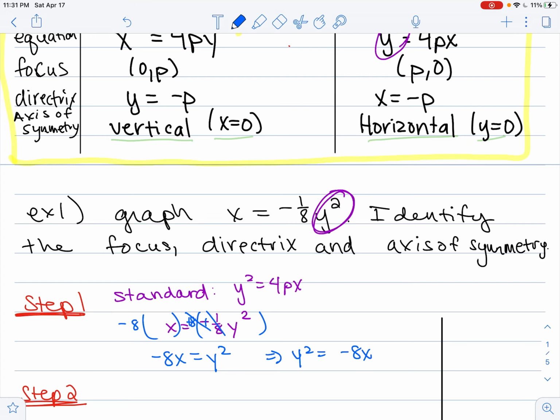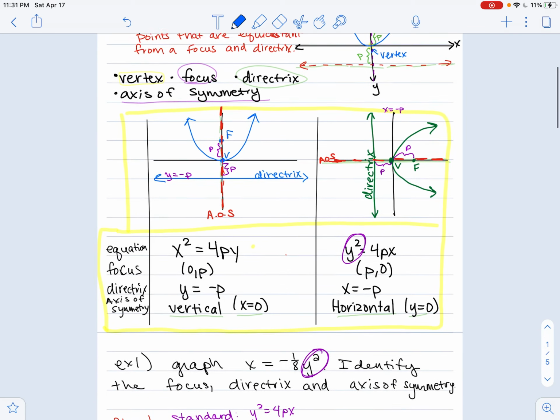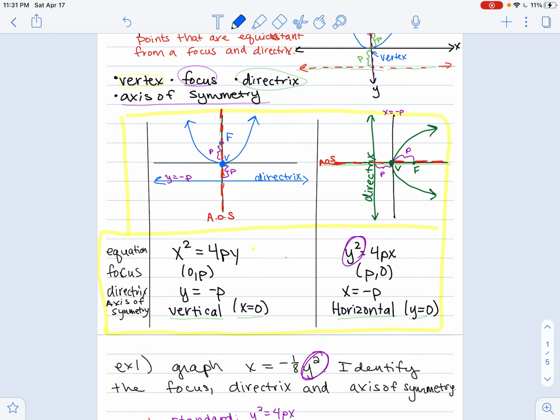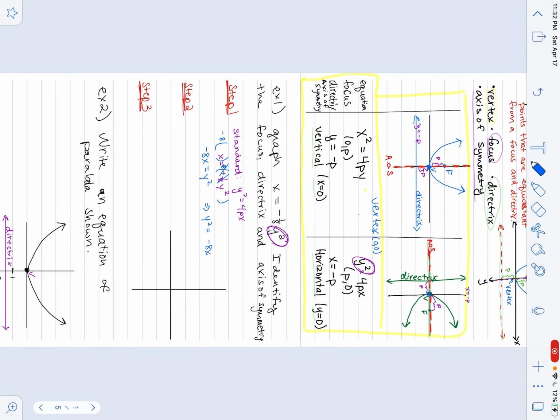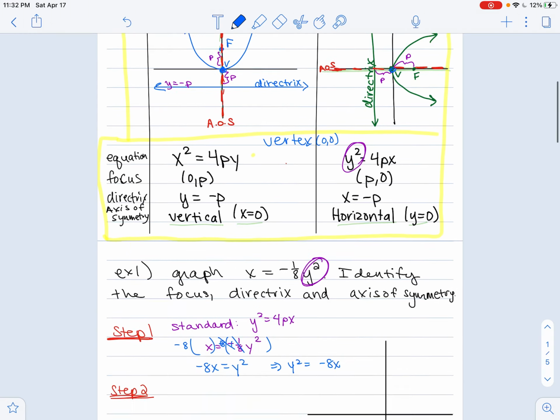Now, remember, when it looks like this, the vertex is always going to be at 0, 0. That's kind of assumed, but I don't want to assume that our vertex is at 0, 0. And so now that we know that, we're going to find our value of P so that we can find the focus and the directrix, okay?